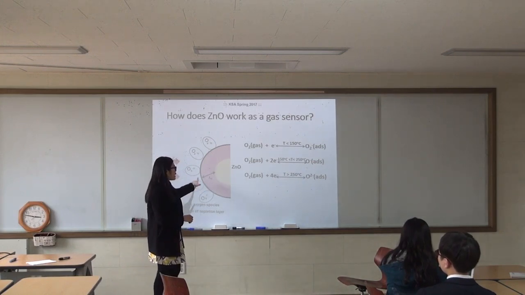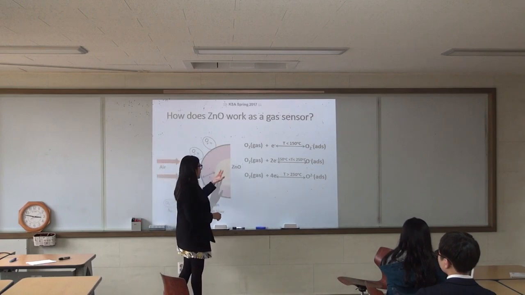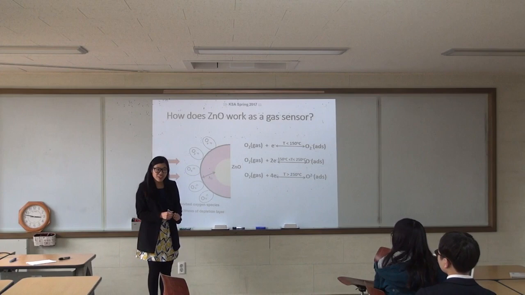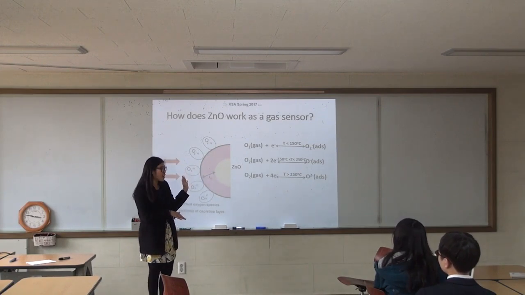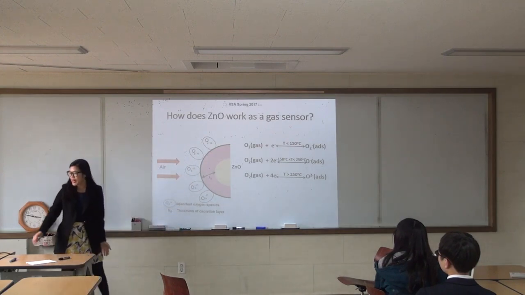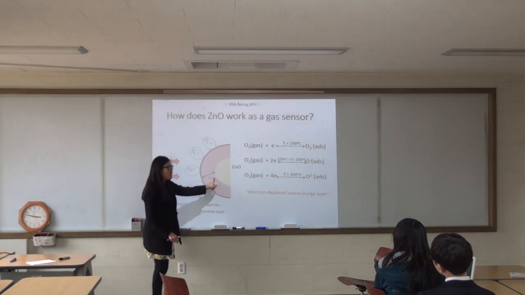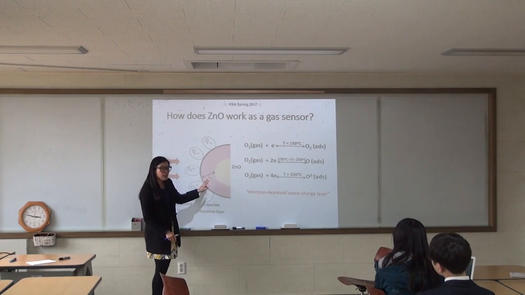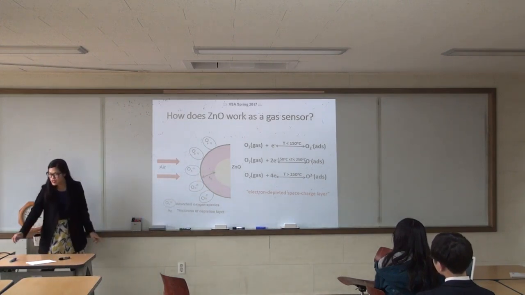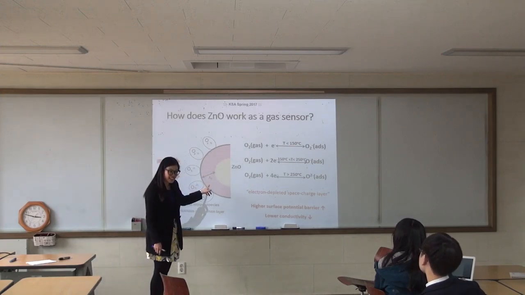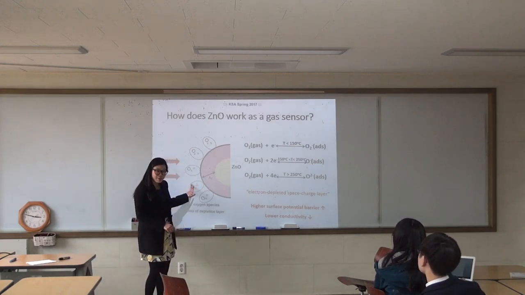It depletes electrons from the zinc oxide conduction band. You know valence band and conduction band, right? So it depletes the electrons out, and it forms a layer we call the electron depletion layer. This leads to lower conductivity.